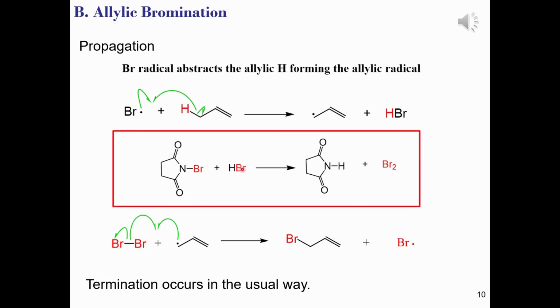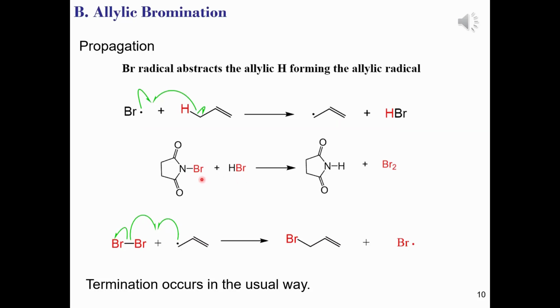The hydrogen bromide that's produced in this hydrogen abstraction step reacts with NBS, and so this keeps molecular bromine at a low but steady concentration during the course of allylic bromination. You don't need to know the mechanism by which the reaction in the middle occurs to produce molecular bromine. The main purpose of this reaction, I reiterate, is to keep the concentration of molecular bromine in this reaction mixture low.